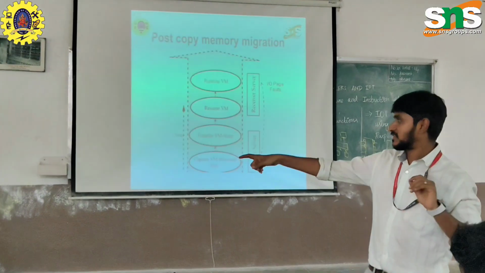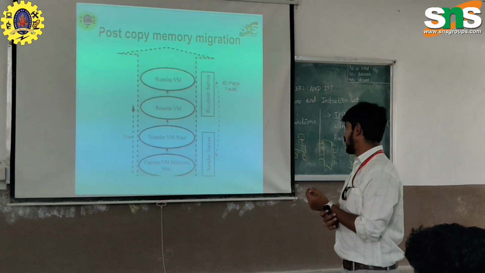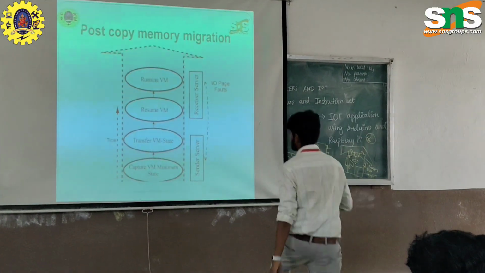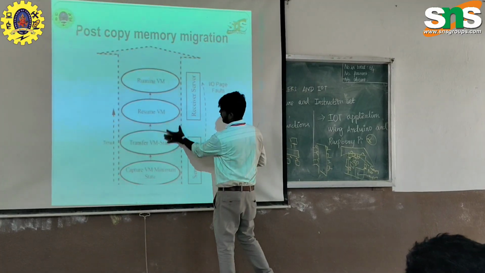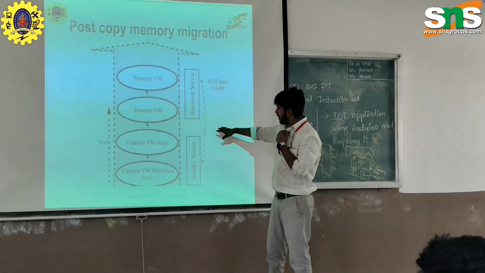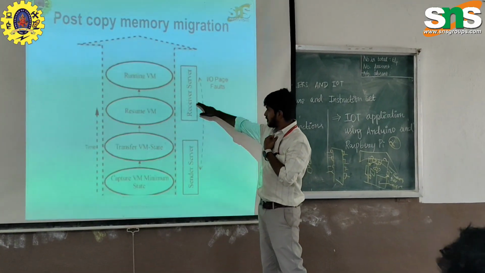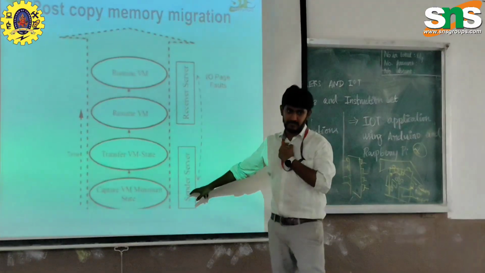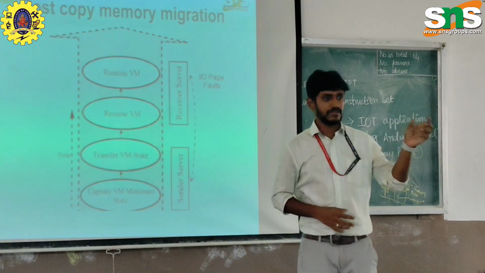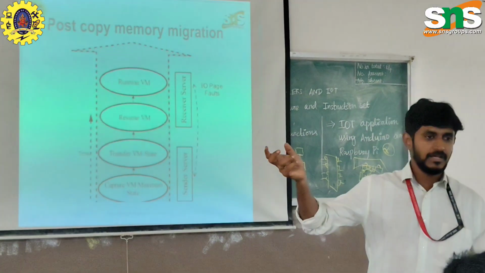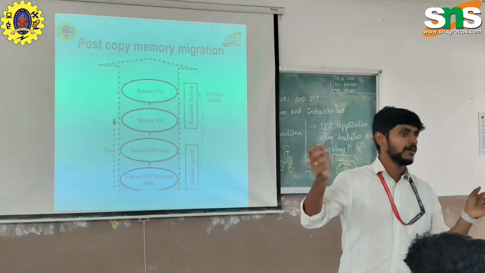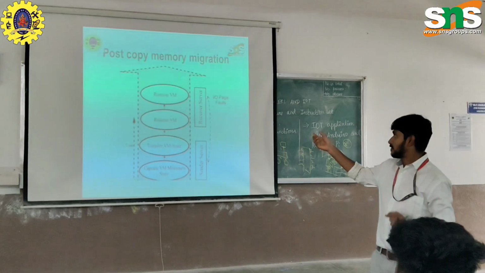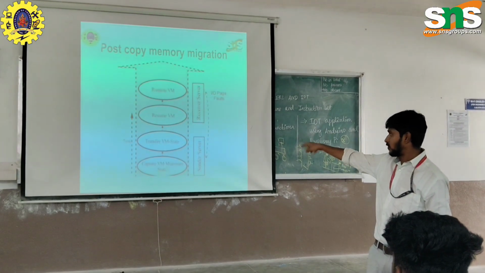Next, in post-copy, suppose we are transferring and running the file, it will be captured and again received by the sender server. There will be a server, a receiver and a sender. It will be post-copy migration, following this technique.